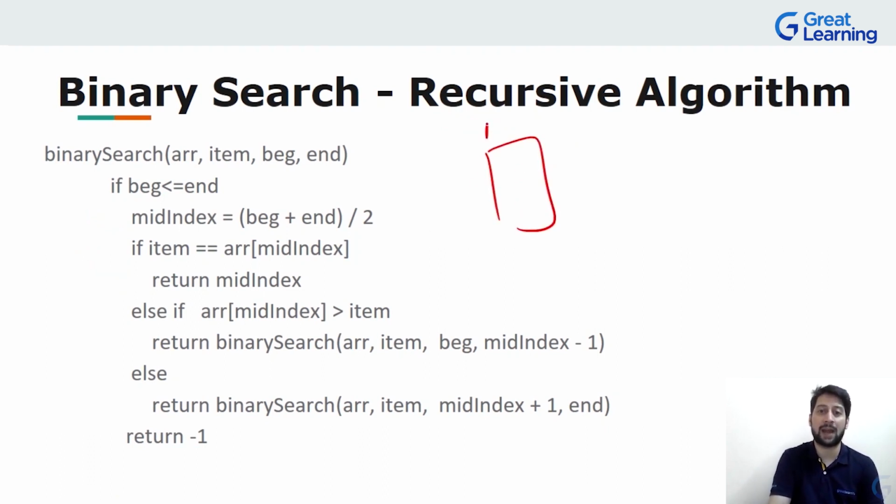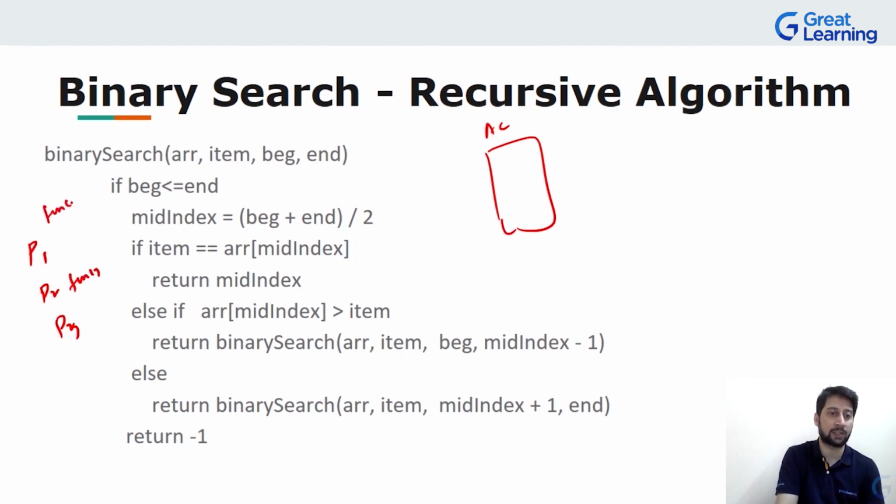So let's suppose this is your activation record. Every time a recursion is there, an activation record is called. Let's suppose you have these three statements, P1, P2 and P3, right? And at P2 you are calling the function again.